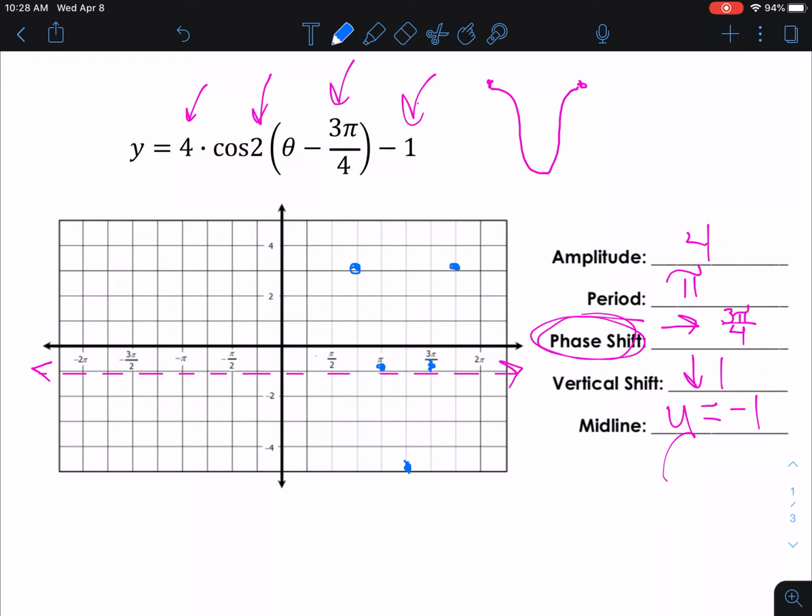I can just go either way here. I'm going to finish this one to the right and then keep creating my waves all the way through.